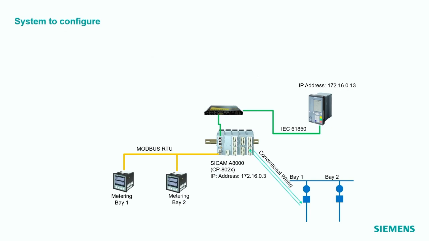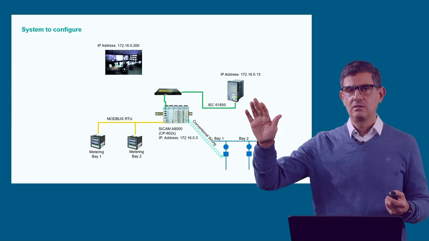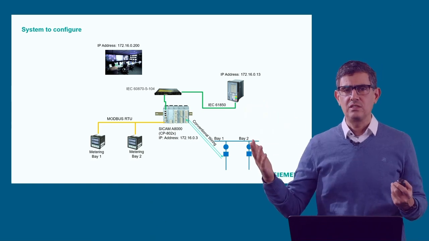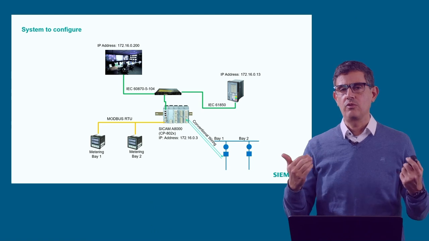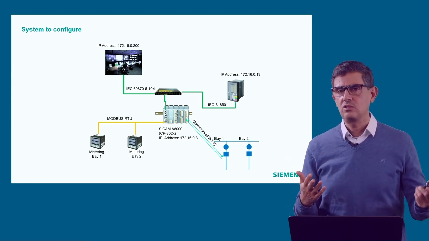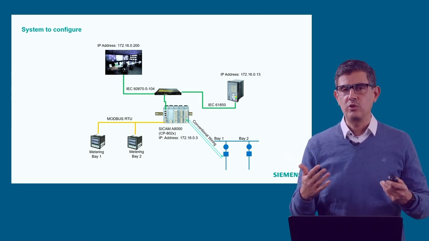So the RTU will read information from this device. And now let's imagine that we have one control center with its own IP address, and we will send the information from the RTU to this control center through the IEC 104 communication protocol.